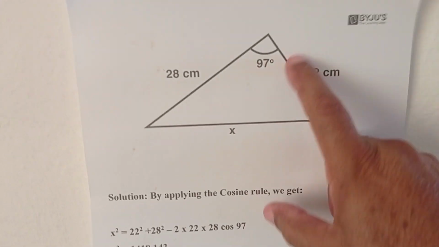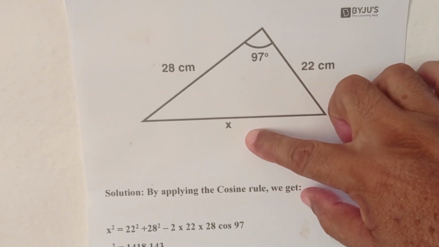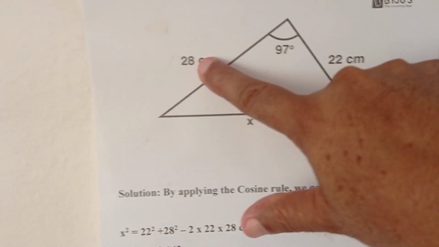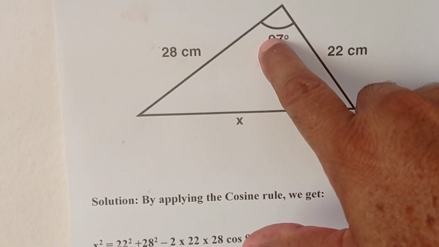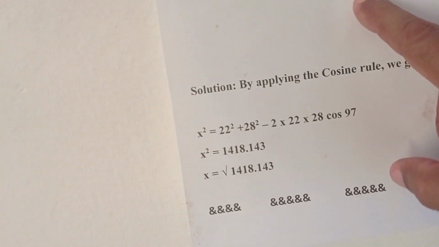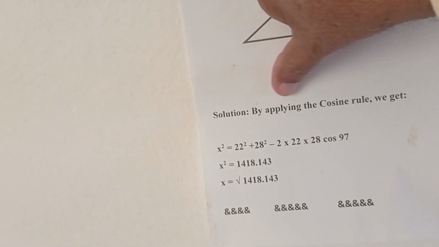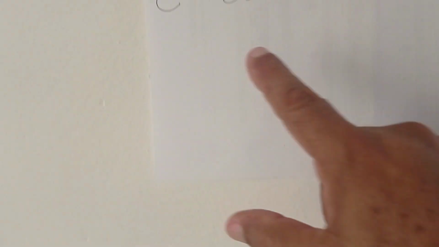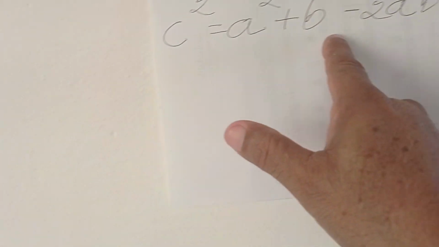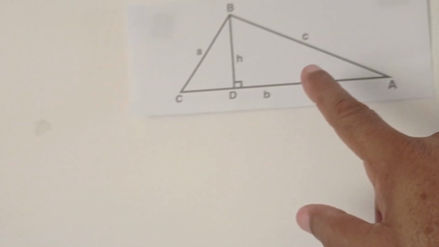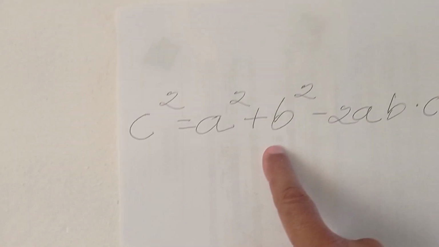The length of x, this side, 22 centimeters, 28 centimeters, 97 degrees here. This is the solution by applying the cosine rule, and this is the formula. We've gotten the proof of it through this figure and another figure here.